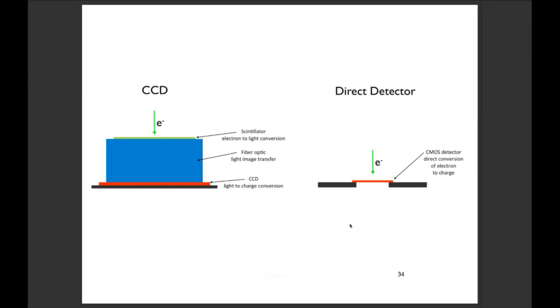In comparison, what direct detector technology does is, instead of using a scintillator to convert electrons to photons into a charge, it can directly convert an electron into a charge and then digitize that for you. They also are very special because they have a really, really fast frame readout, which helps here.